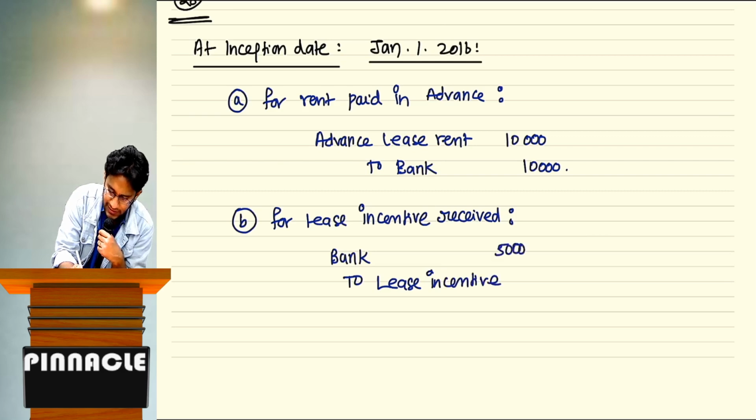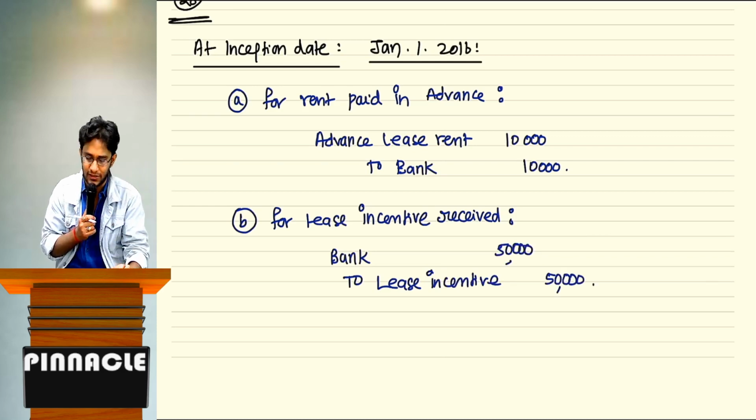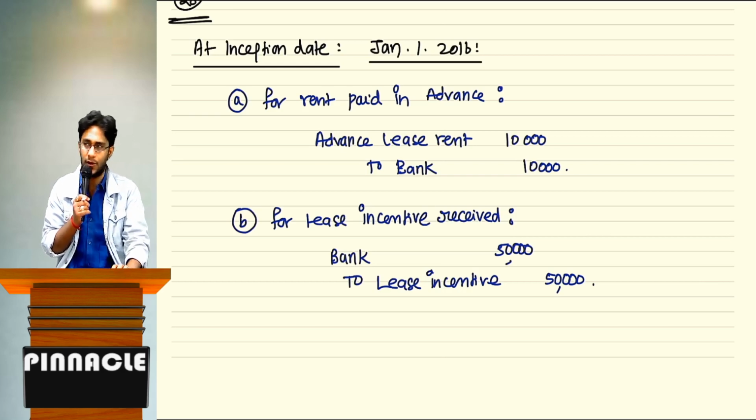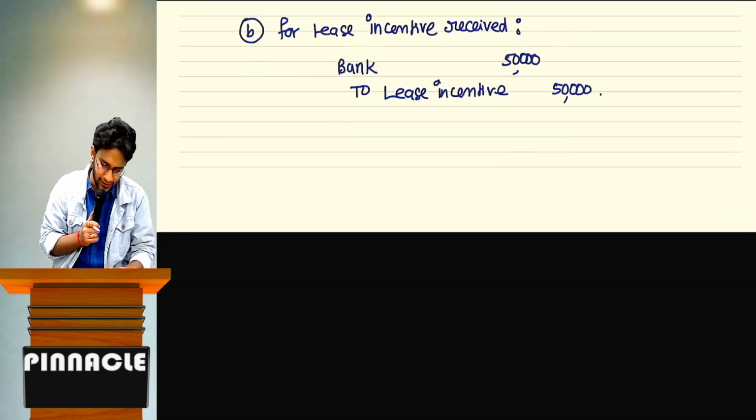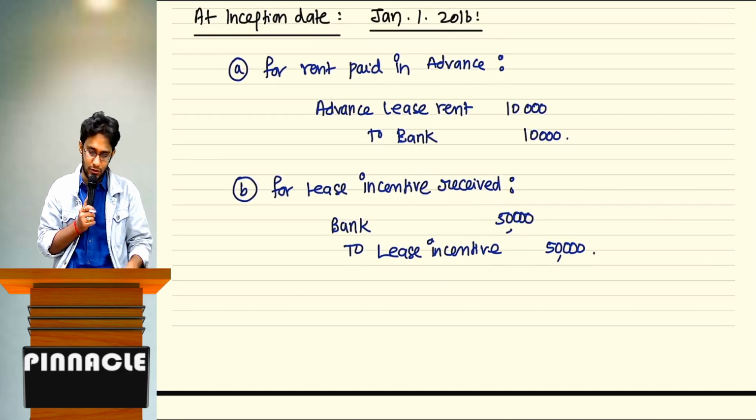Sir, the advance lease rent account and lease incentive account are not going to stay forever in your books of accounts. They will be adjusted to the ROU assets account anyway. So whatever name you want to give them, no problem. Anyway, they will die. Execution means inception. Execution is the agreement date, no?